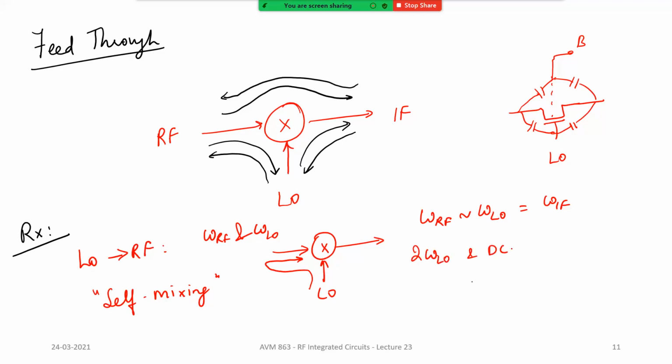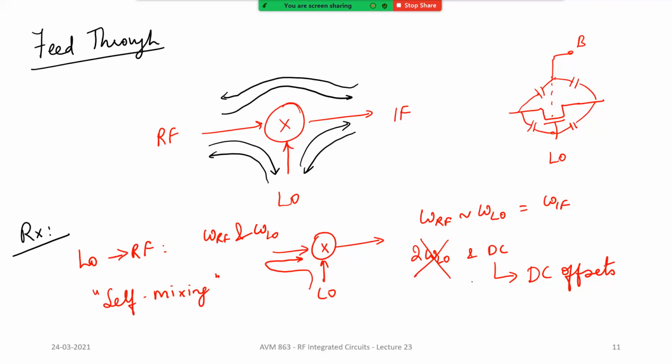The low pass filter will get rid of the 2 times omega LO component. What you are left with is DC. So in other words, self-mixing will produce what is called DC offsets. That is, because of self-mixing, you will see that the DC levels are getting shifted.